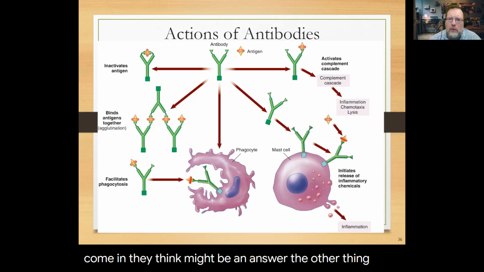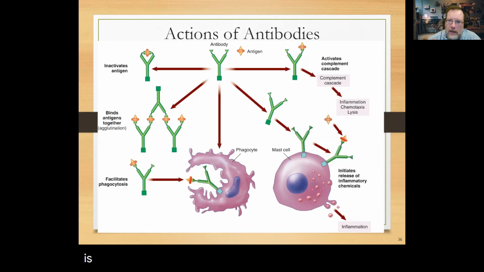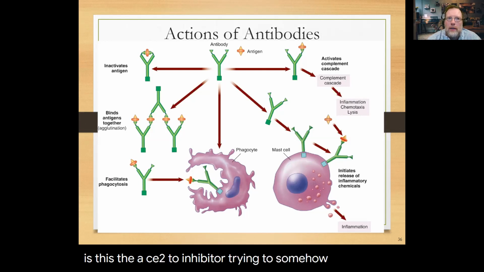The other thing too, and we'll look at this further a little bit later in a different unit, is the ACE2 inhibitor, trying to somehow not allow the connection of the coronavirus spike.